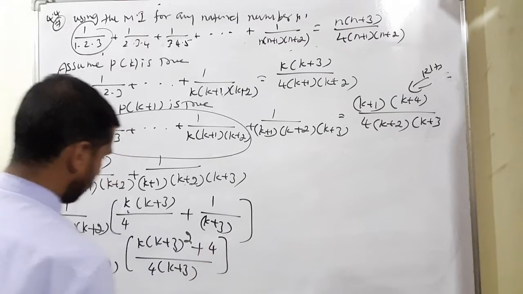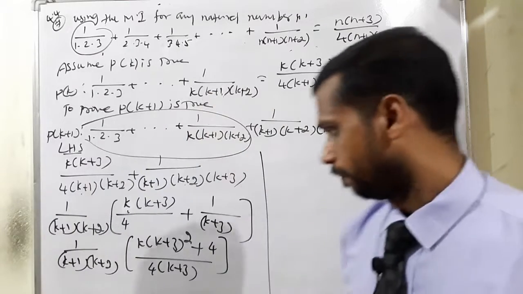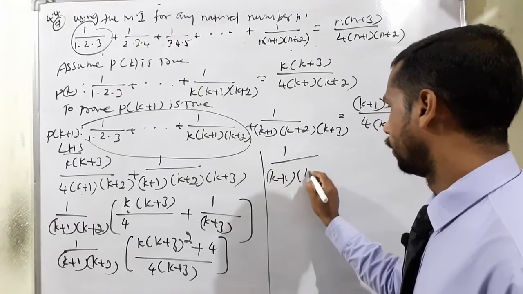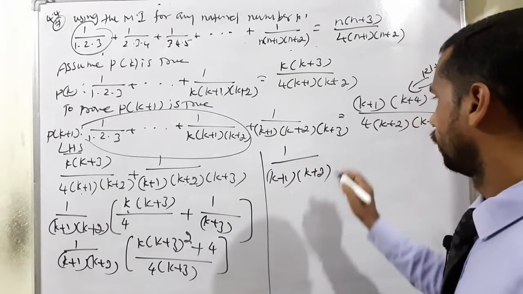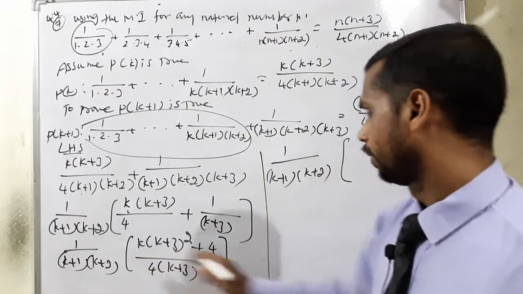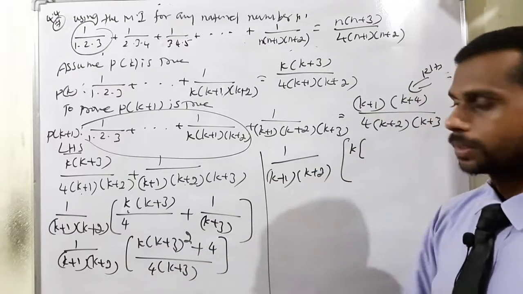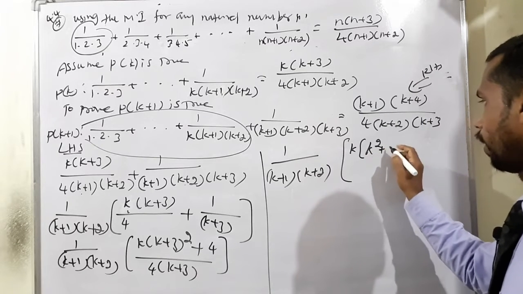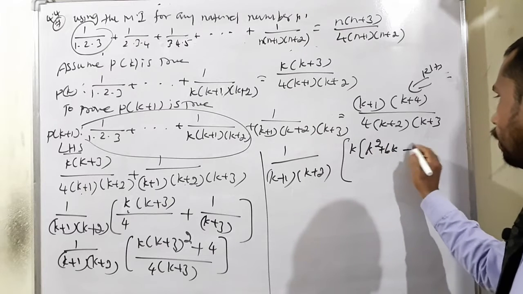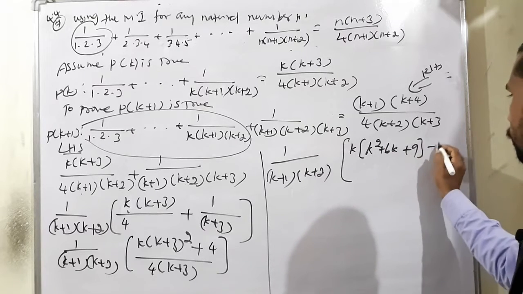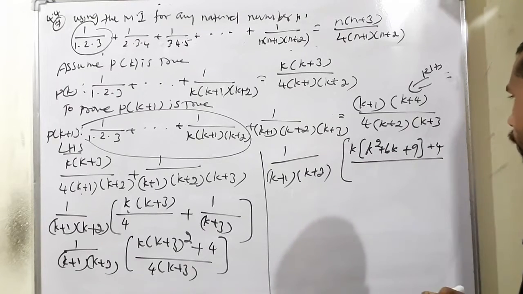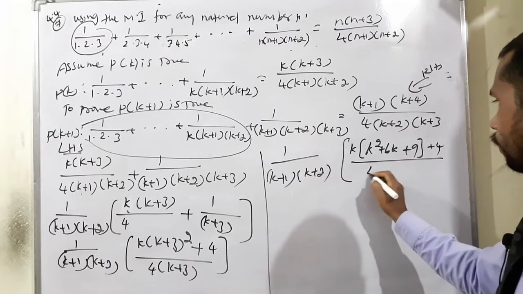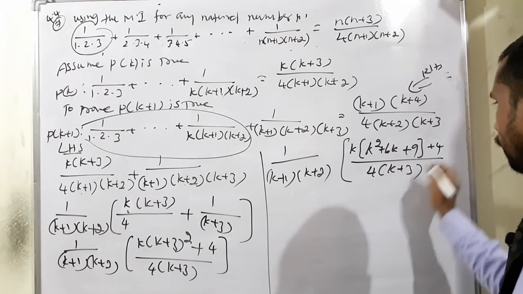Now outside 1 by K plus 1 into K plus 2, then inside, K common. A plus B the whole square is A square plus 2AB plus B square. Therefore, we can write K square plus 6K plus 9, then outside 4 is there, divided by 4 into K plus 3.